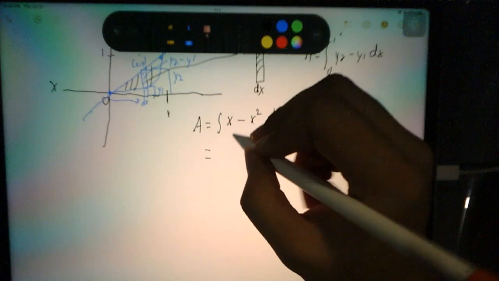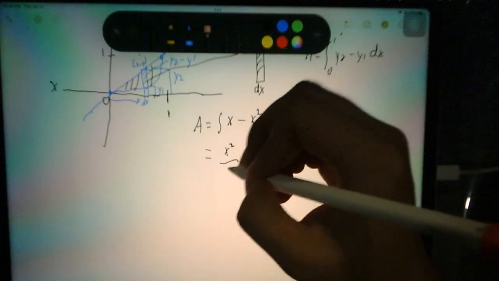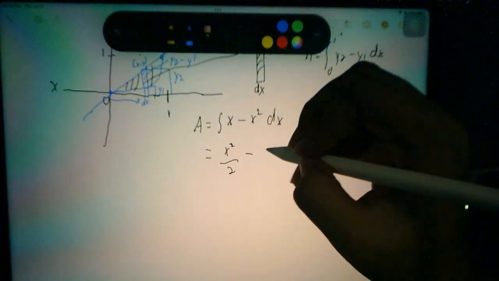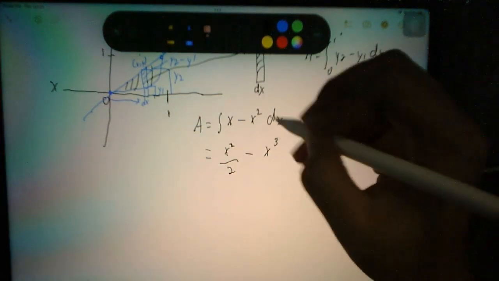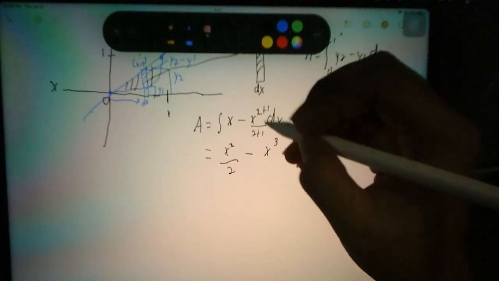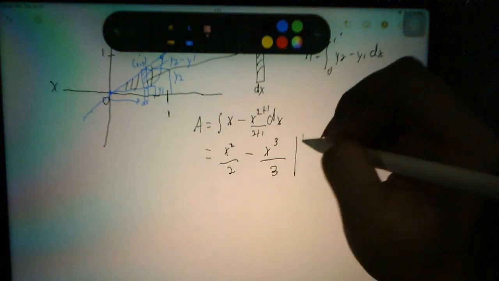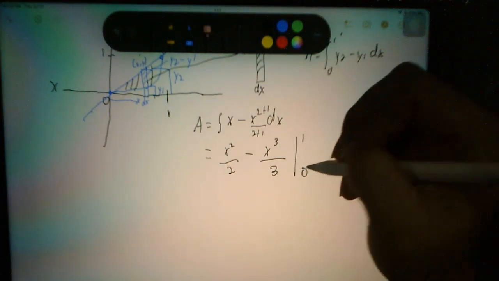So the integral of x is x squared over 2 minus x cubed, using the power formula, 2 plus 1, x cubed over 3, from limits 0 to 1.